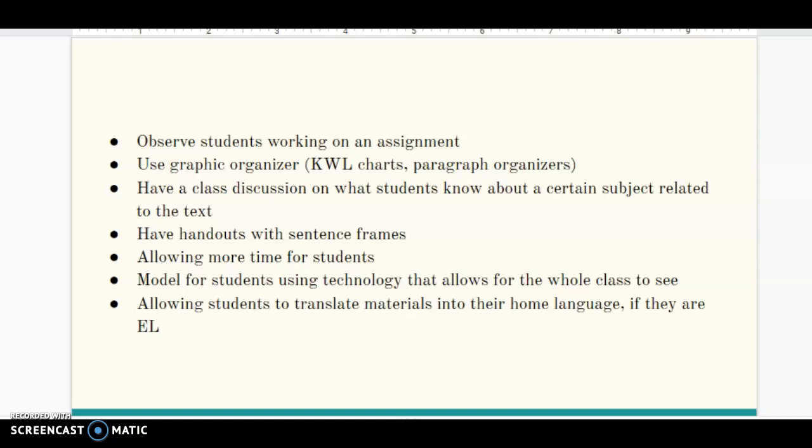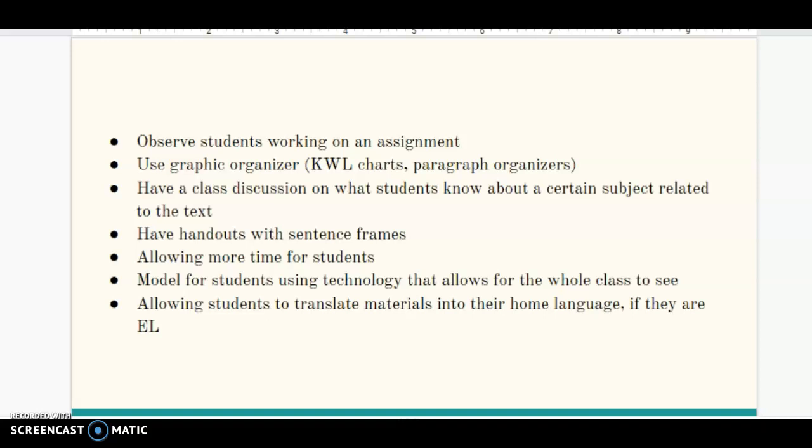So it could be a basic assignment such as journaling, ask them a question, and have them write for about maybe 3 minutes and answer the question. And then for scaffolds and differentiation, using graphic organizers such as KWL charts or paragraph organizers.